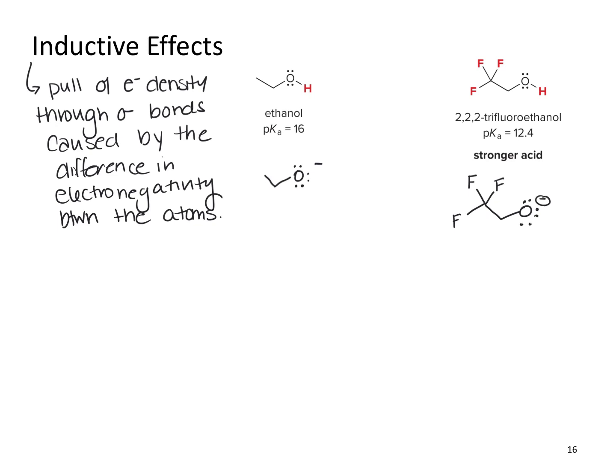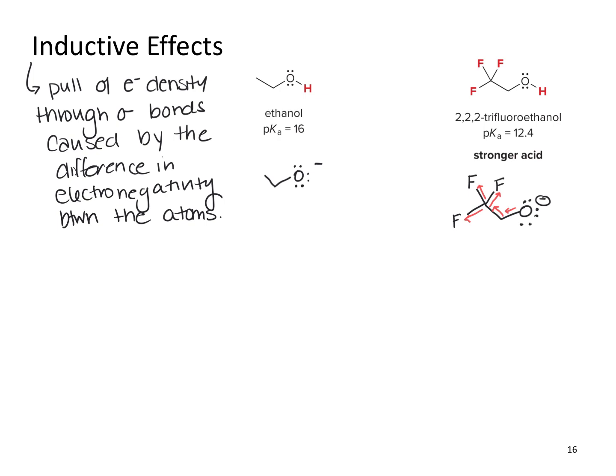Right? And what we find is that these fluorines withdraw electron density, and they can withdraw electron density over more than one bond. And so that stabilizes the charge on the oxygen, okay?